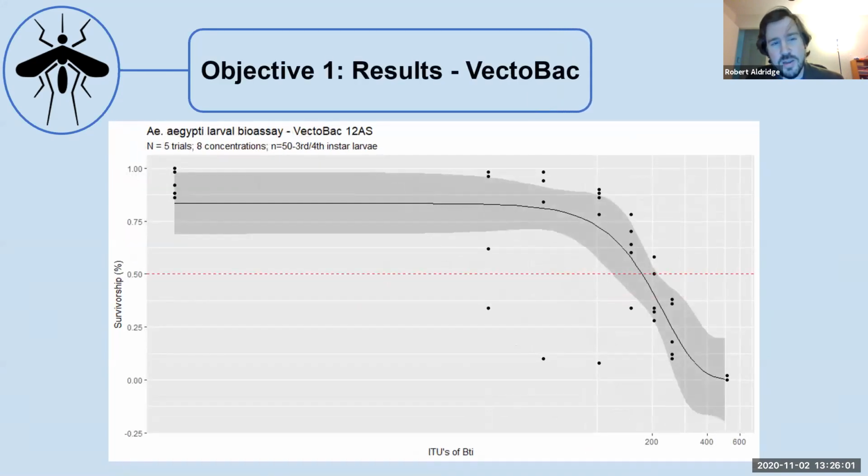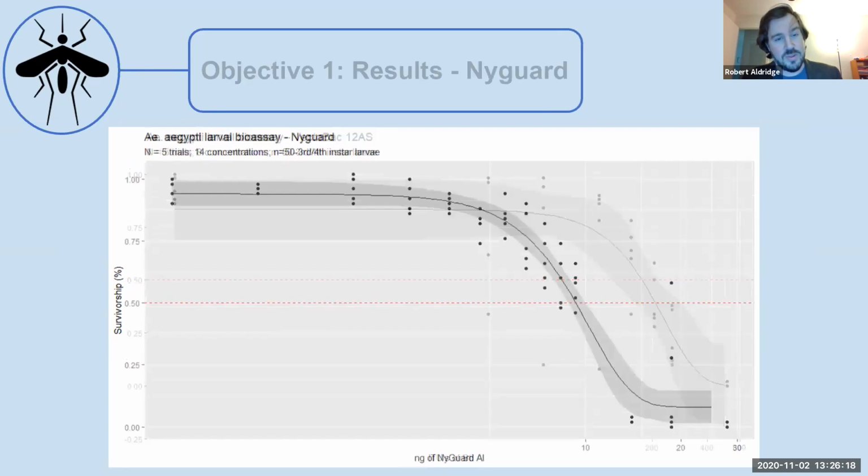This is a bacteria that utilizes proteins that then form holes in the midgut of the larvae. And those holes then disrupt the homeostasis of the developing larvae, and then it dies from that disruption.